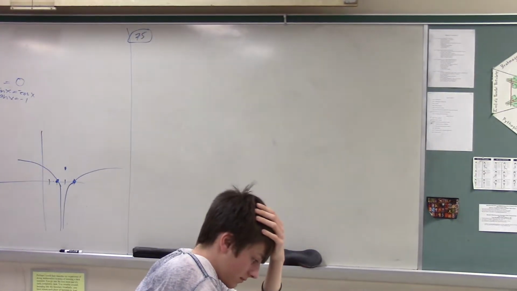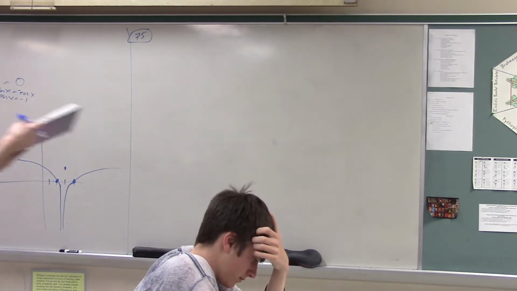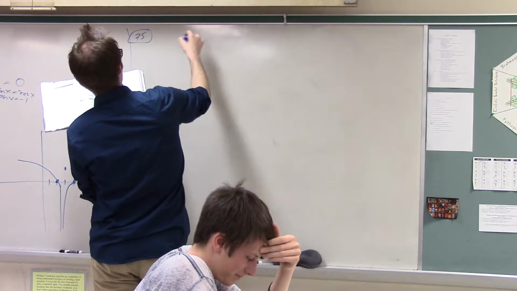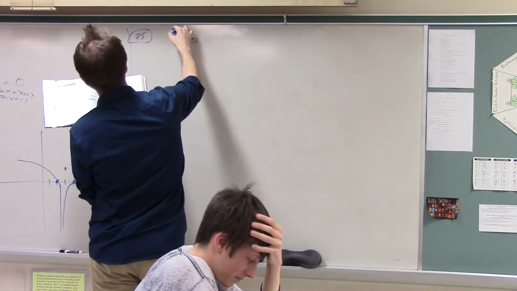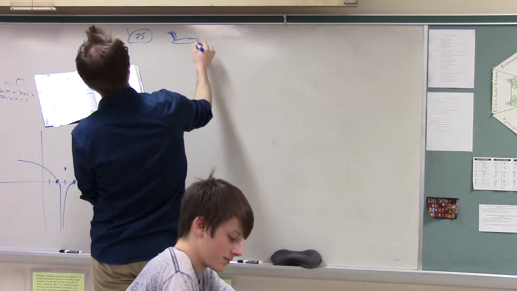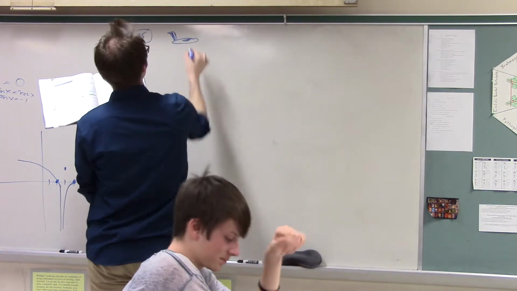So 75 says that there is an airplane which is trying to not crash. So there is a plane. I'm a great artist when they provide a picture for me to draw from. Yeah. Good job.